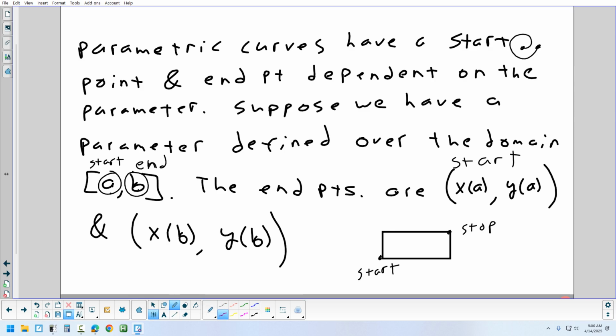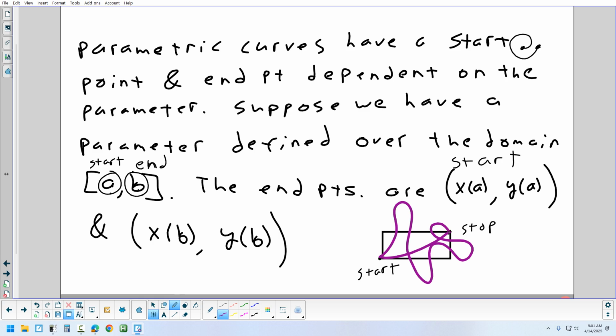Maybe your graph does something like this. So if all you look at is what's in that box, you're not seeing the whole picture. You'll see something because that's where it starts and stops, but you may have to zoom out more to see it. Now, if that was connected with a line segment, then sure, you're going to see the whole graph. Or even if it was some kind of simple curve, maybe part of a parabola. It could be a circle though, and it could go outside the box a little bit. So yeah, you might have to zoom out to see your whole picture. Okay, that's the point.